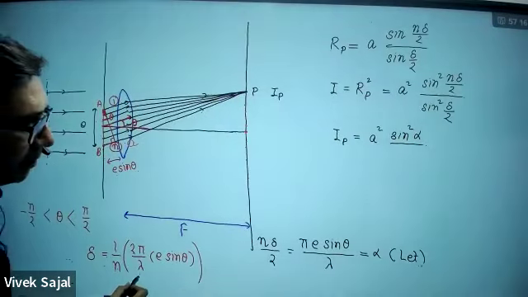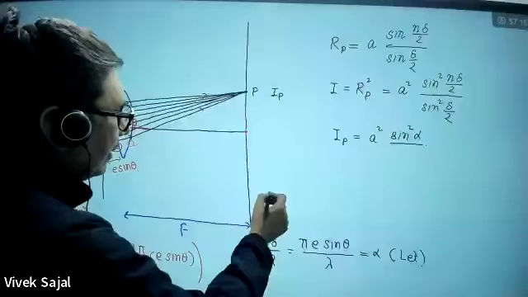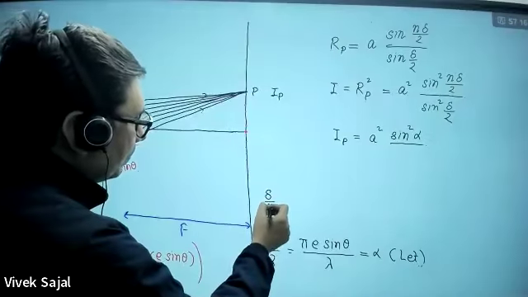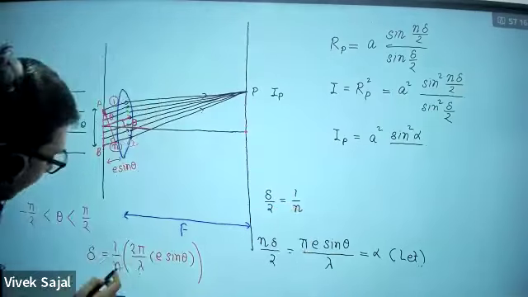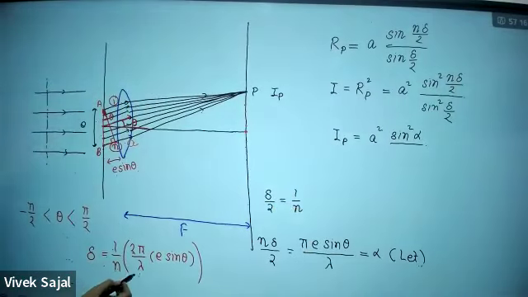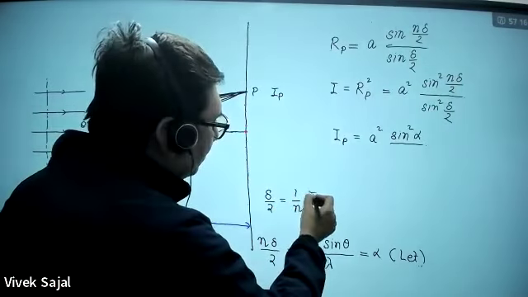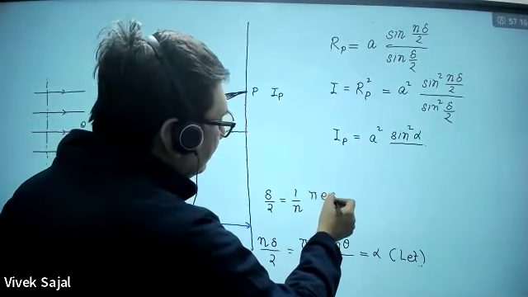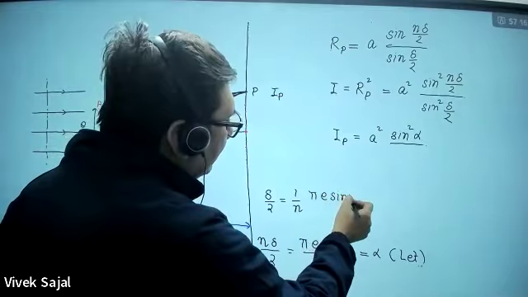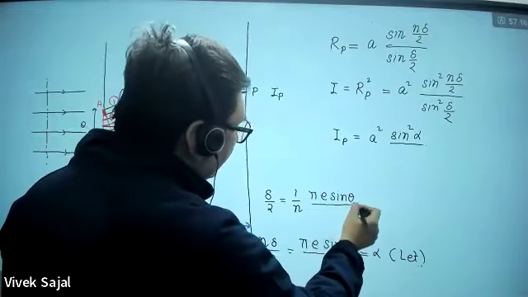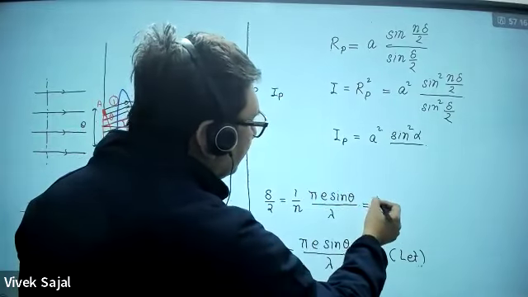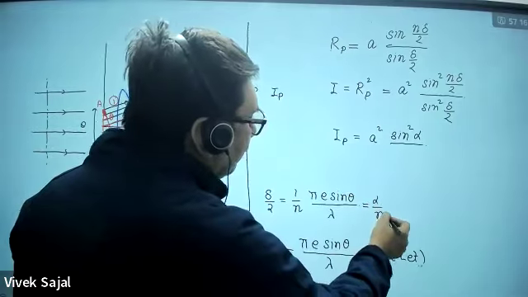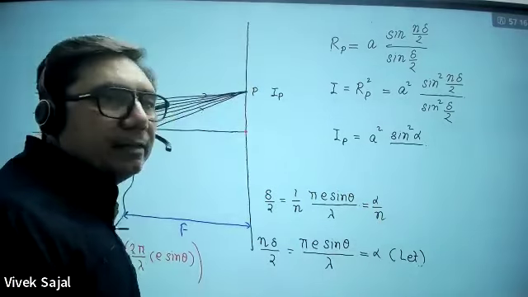If you look here, delta by 2 will be 1 by n, the 2 will cancel out, pi e sin theta upon lambda. This will be alpha upon n. And n is very, very large.